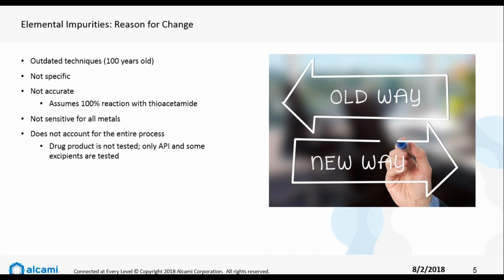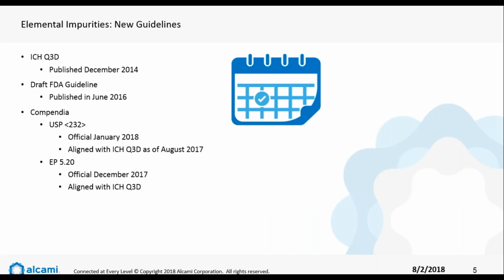And then lastly, and most importantly, previously the testing was done on the raw materials, the inlet materials, not on the final product. So those last two sources of elemental contamination that we discussed, the manufacturing of the drug product and the container closure itself, were not included as part of the elemental impurities assessment since you were monitoring the raw materials for heavy metals.